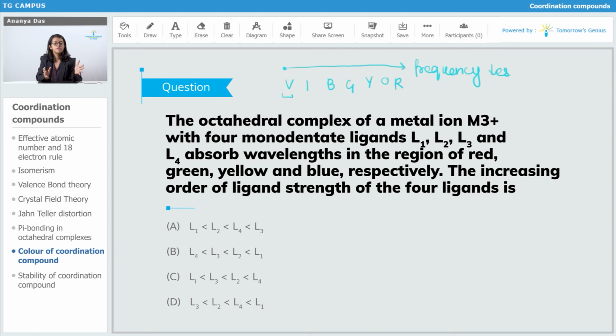So if the color absorbed is in the blue-green region, that means the splitting is great. And if the color is absorbed in the red, orange, yellow region, that means the splitting is less and the ligand is a weak field ligand. L1 absorbs red color, L2 absorbs green color, L3 absorbs yellow color and L4 absorbs blue color.